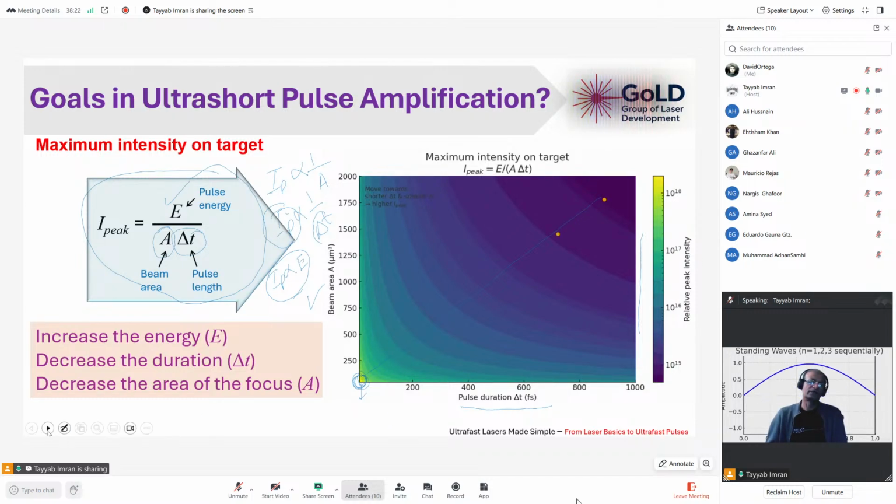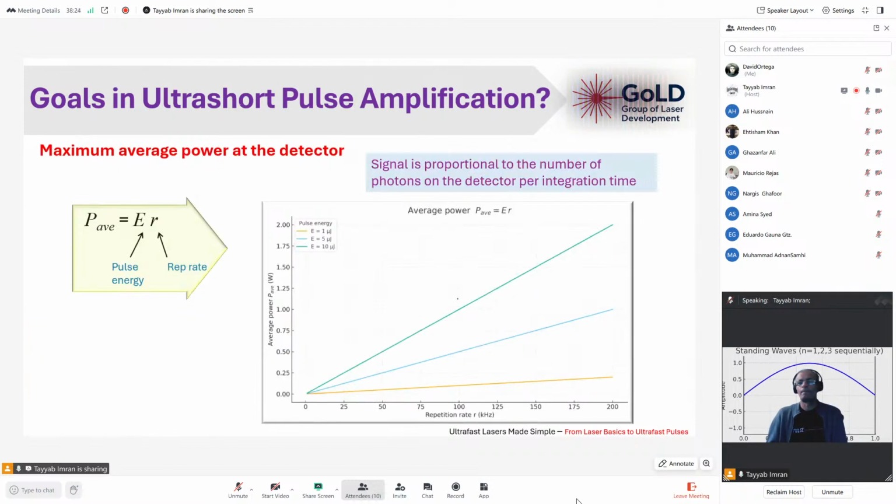Now, if we move further, this is maximum average power. In some cases, we actually need maximum peak power. But anyway, here we are discussing the maximum average power.